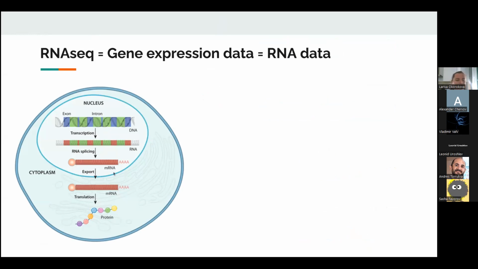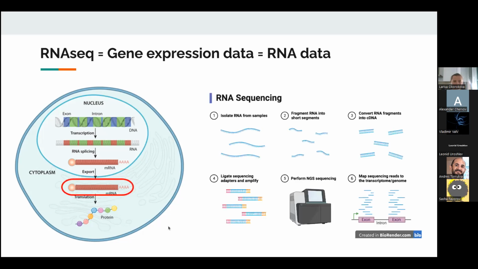And then mRNA is exported into the cytoplasm and goes to the protein. With the help of a ribosome, it makes a protein. So then we want to do the RNA-seq data, which will also be referred to as gene expression data or GEX in this competition.